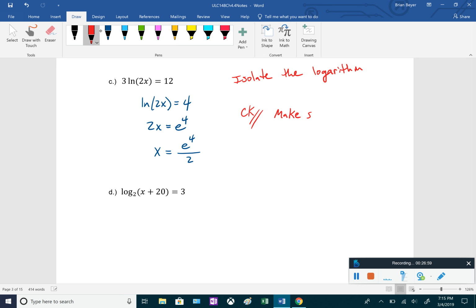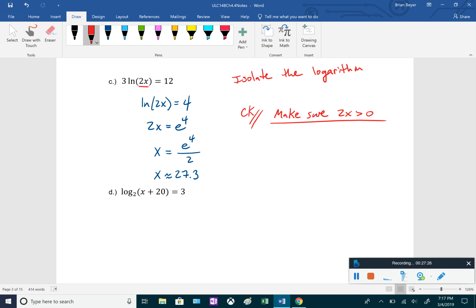So let's make sure we have to make sure the 2x is positive here. 2x is our input. Actually, I will use it as a decimal representation just because I've been doing that. So I'll have this x is approximately 27.3. So that's e to the 4th divided by 2. It's about 27.3.